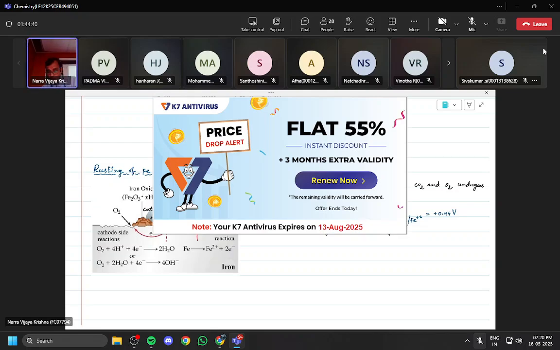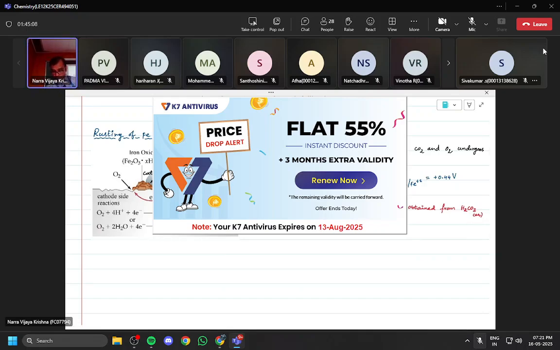If taken by H plus, from where did I get this H plus? Due to atmospheric carbon dioxide, correct? Do you have any questions in it?